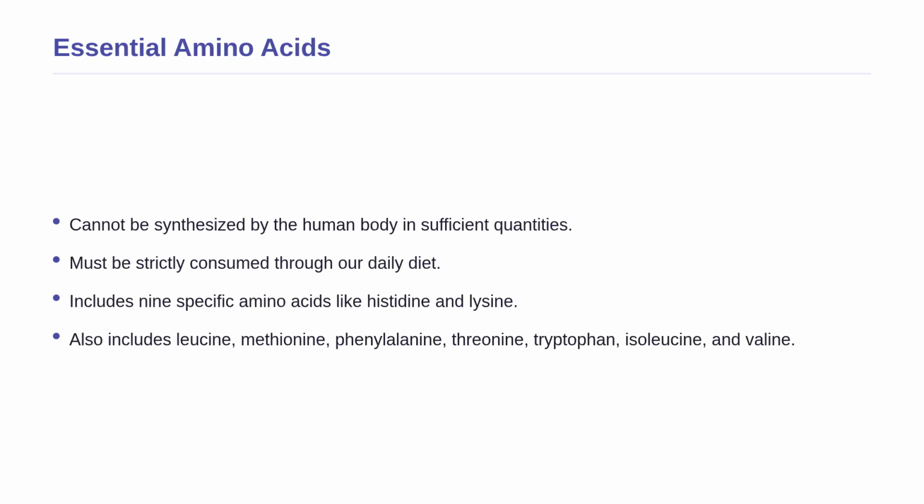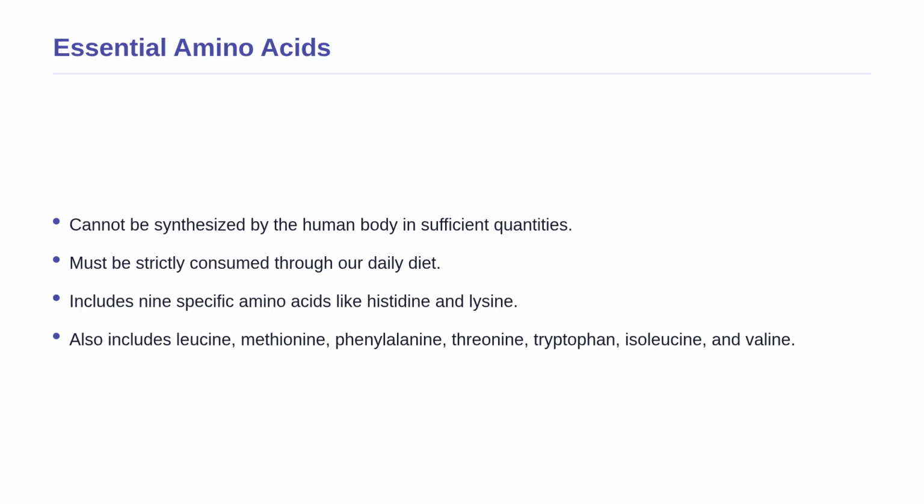Now that we understand the basic analogy of building materials, let us look at the formal biological definitions. Out of the 20 standard amino acids required for human protein synthesis, 9 are classified as essential amino acids. The term essential here means that the human body either cannot synthesize them at all or cannot synthesize them in sufficient quantities to meet our physiological demands.